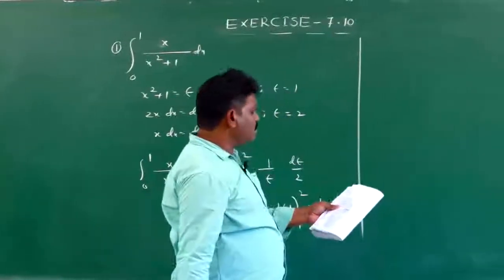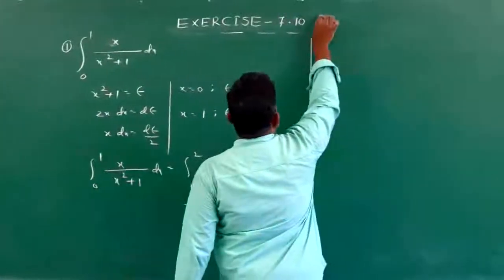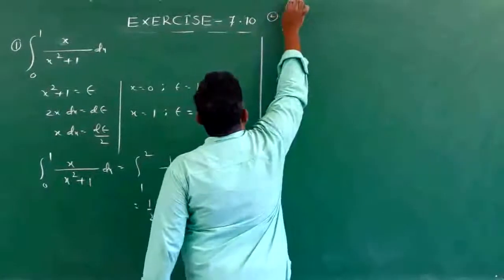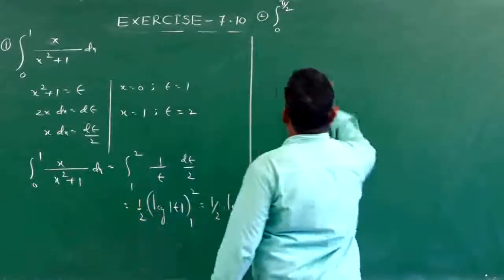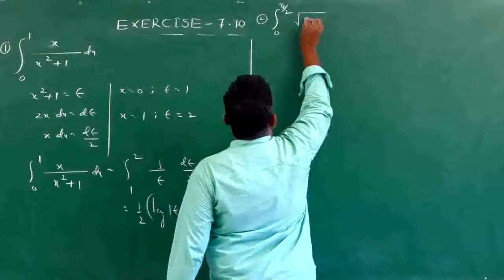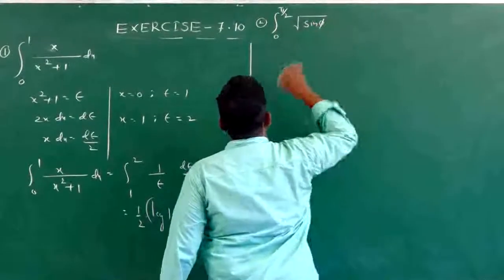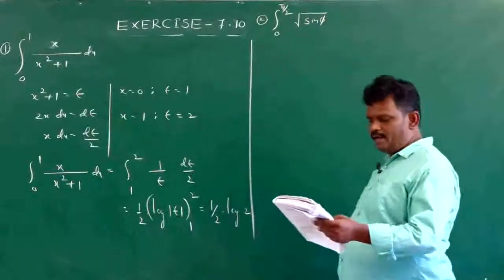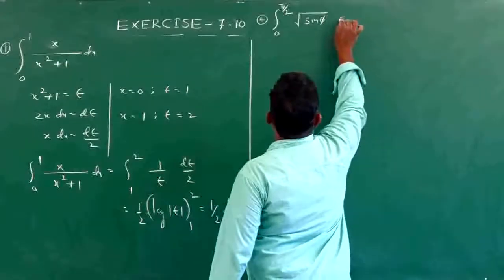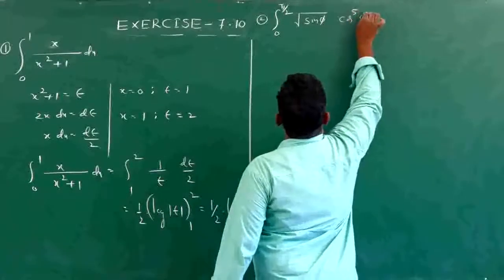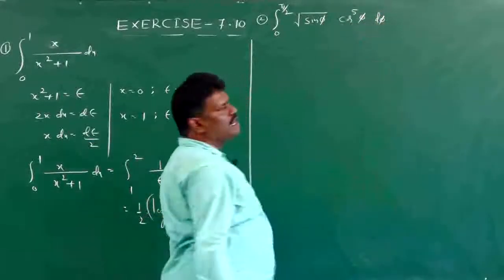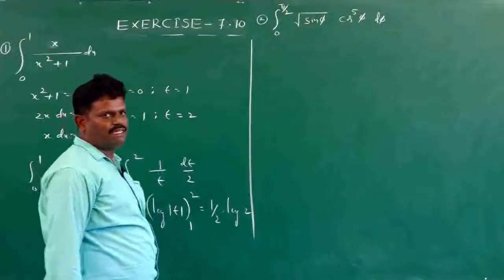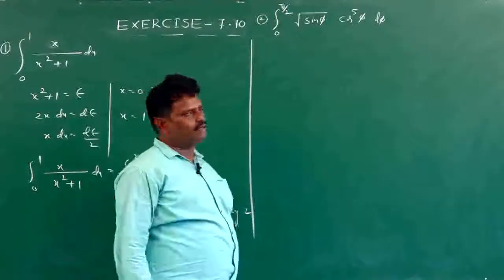Right, second bit, Sima. The integral from 0 to pi by 2 of square root of sin phi into cos power 5 phi d phi. Okay? Now this is also the same substitution method, but we change some conditions here.